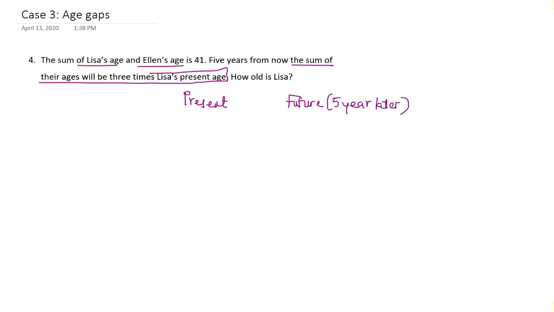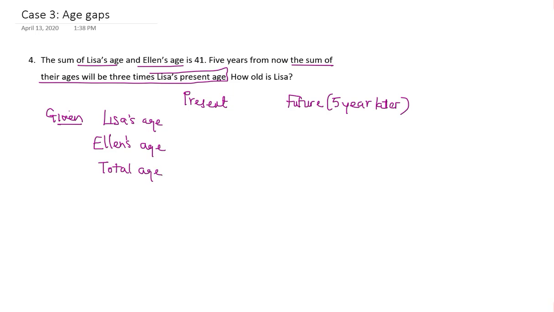So we have to look at the present, and looking at the givens based on the present, we know that we're dealing with two individuals, which is Lisa's age and the other age is Ellen's age, and we have the total age, which is actually given in the question.